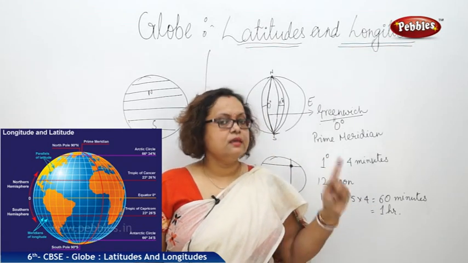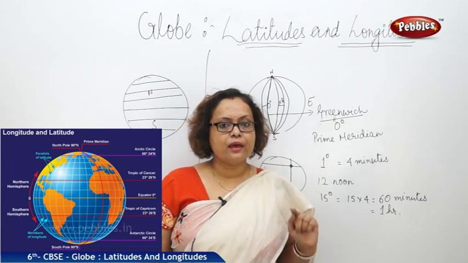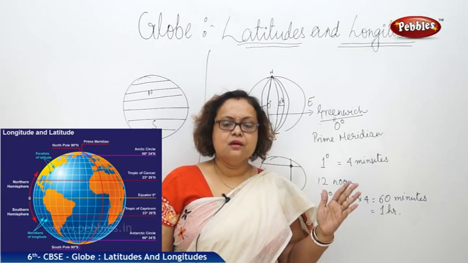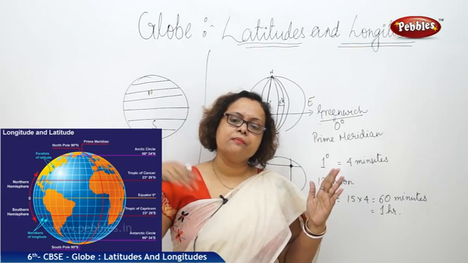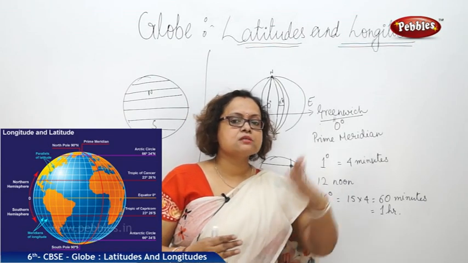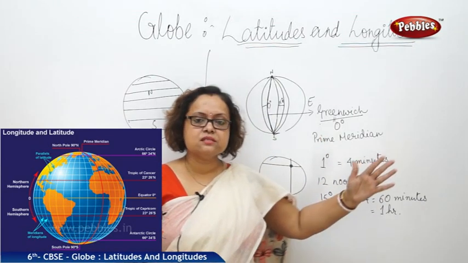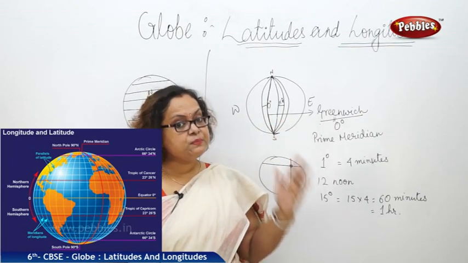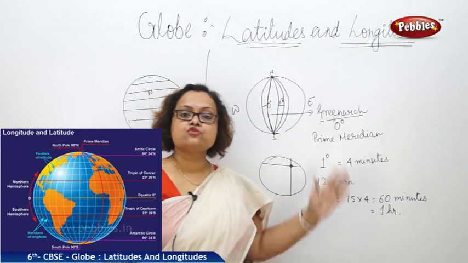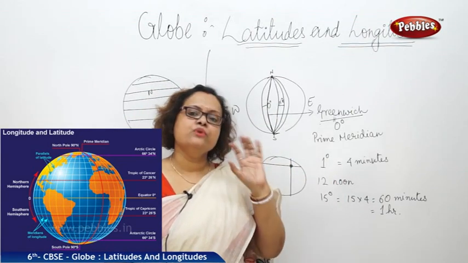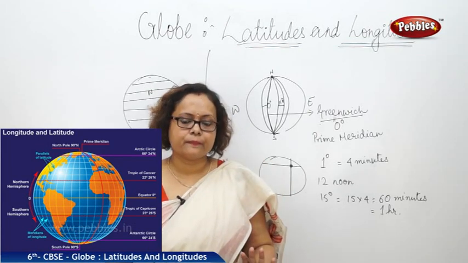So if you are staying somewhere east of that meridian, then your 12 noon may come before that. Or if you are staying west of that meridian, the time you accept as 12 noon is not actually 12. But as Indian Standard Time, we have accepted the Allahabad time.